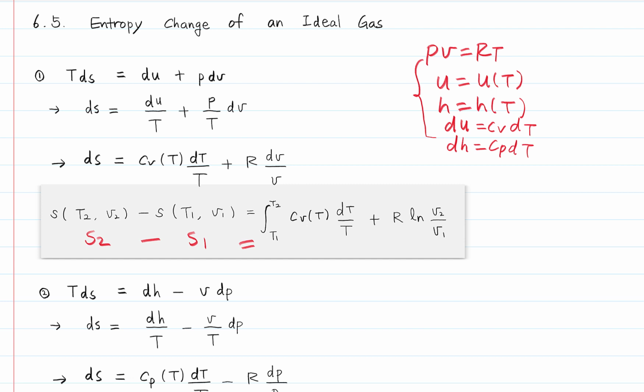The integral of 1 over V is natural log V. So the result of the integrations is R natural log V2 over V1.